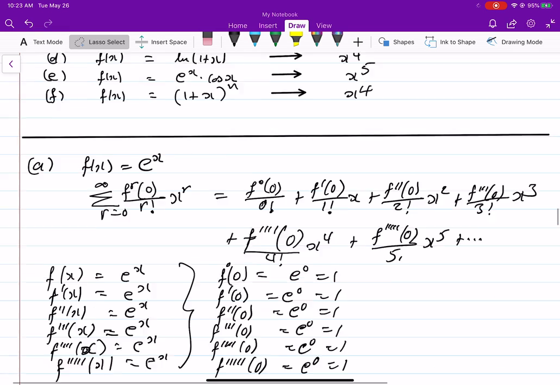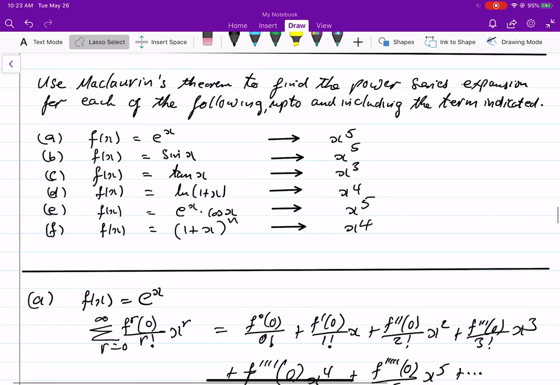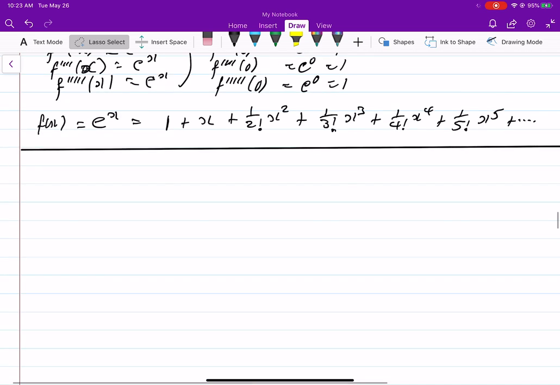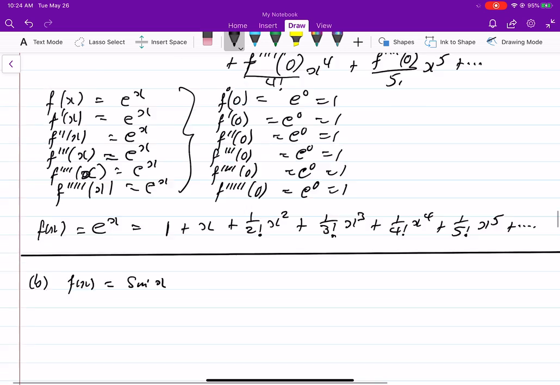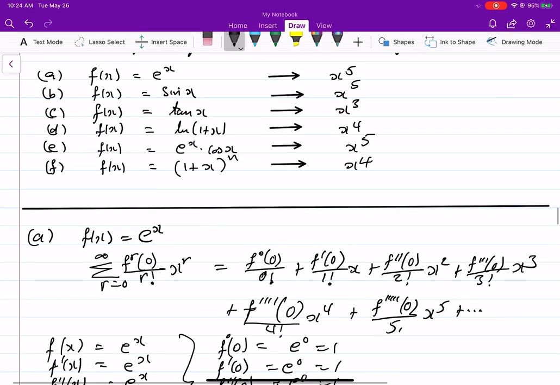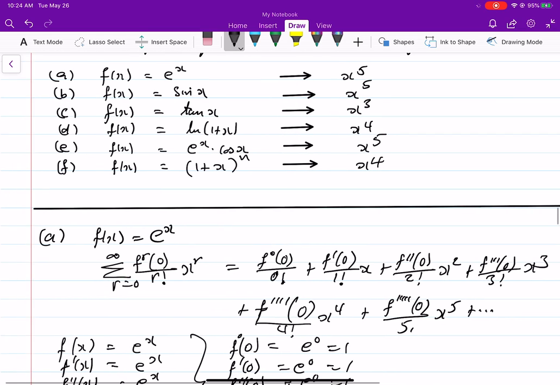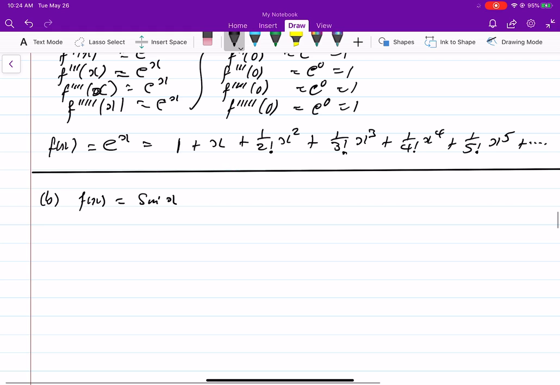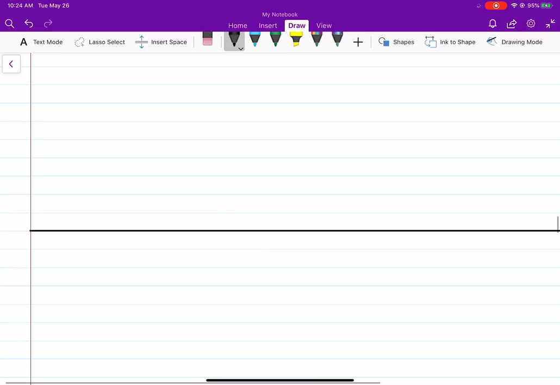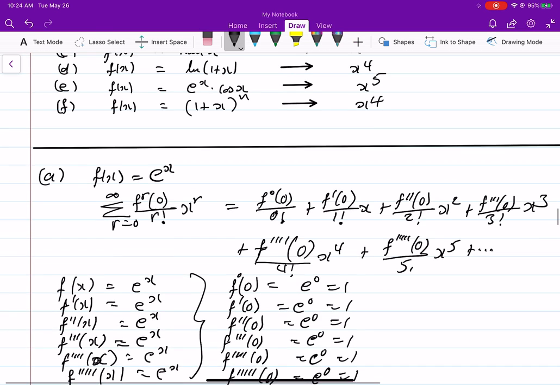I'm going to go through all the ones in that list: sin x, tan x. F of x is sin x, and I'm supposed to go all the way up to x to the fifth. Tan x up to x to the third. That's the next one.